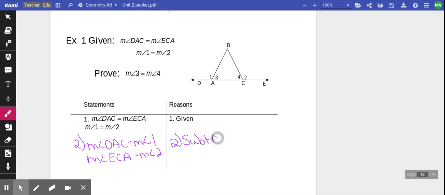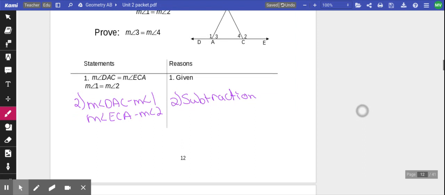And that is our subtraction postulate. And it's also important that you have two equations before you subtract. You can't subtract before you have two equations. Now, yesterday when I did the addition, I kind of skipped a step that we're going to be able to skip as we go forward, but I do want to point out that step to you. The step that I was skipping is this step right here, where I say that the measure of angle DAC minus the measure of angle 1 is equal to the measure of angle 3.